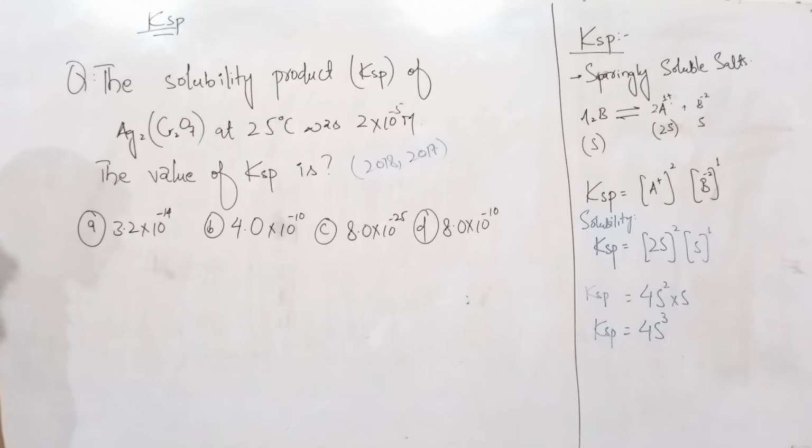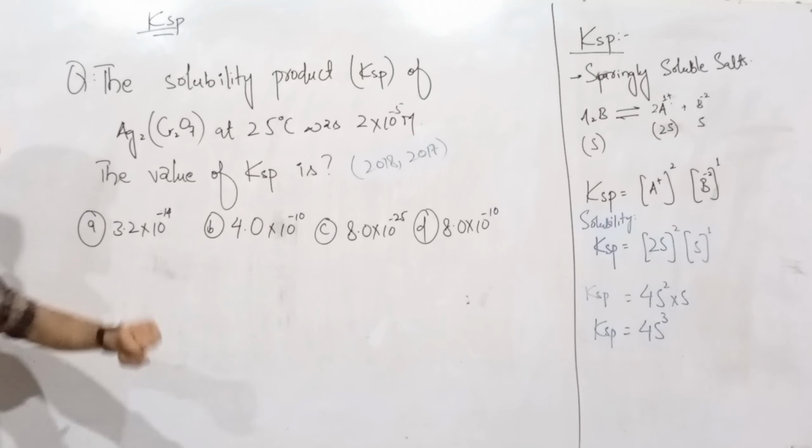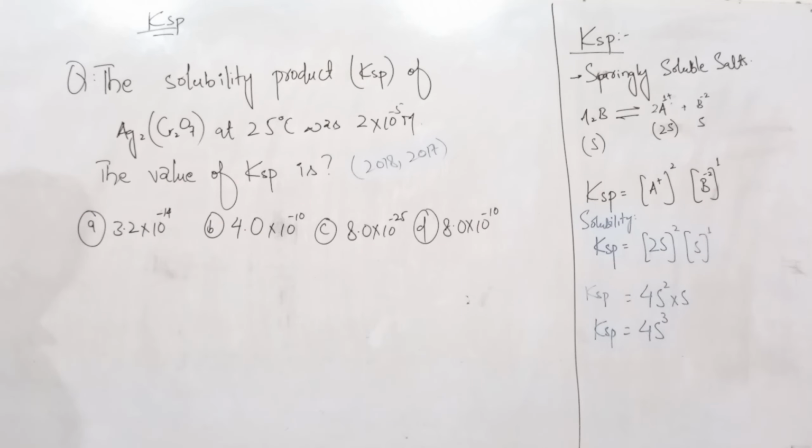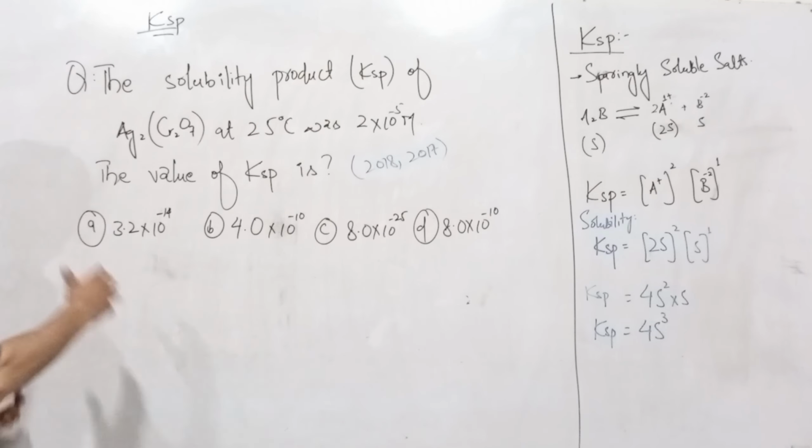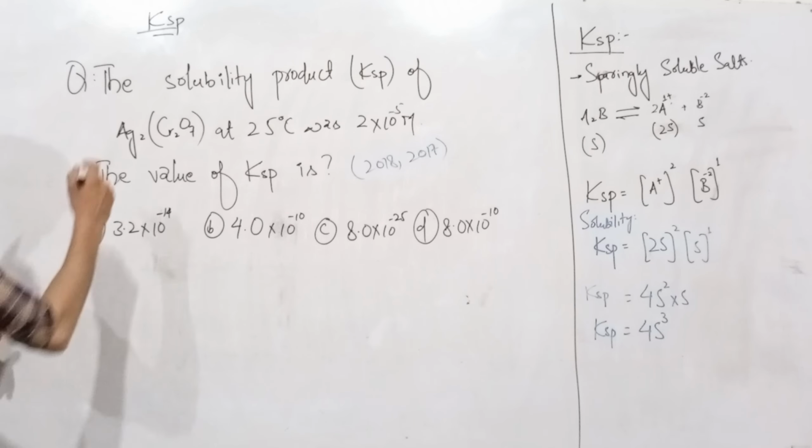So look at this question. It appeared in both the 2017 and 2019 papers. It says that the solubility product Ksp of Ag2Cr2O7 at 25 degrees C was 2 multiplied by 10 to the power minus 5 molar. The value of Ksp is? So we have to find the Ksp as we discussed over here. What is the kind of this salt?